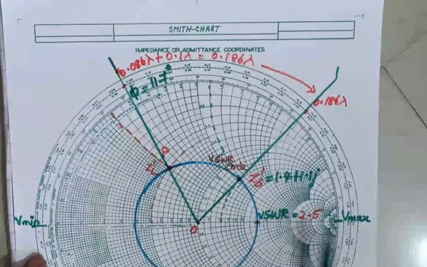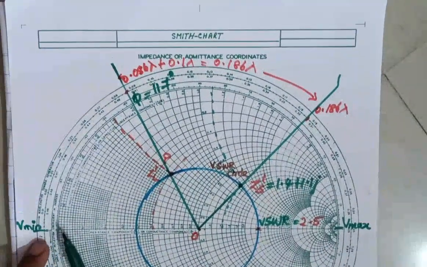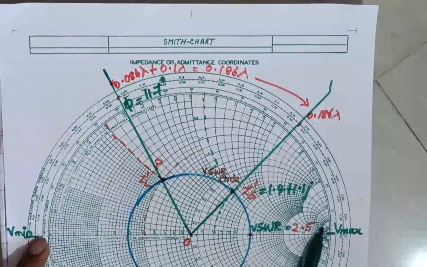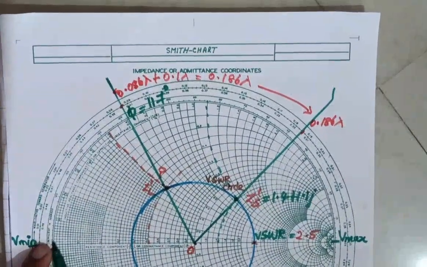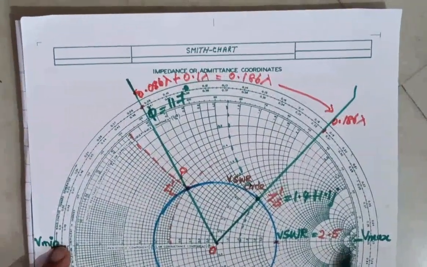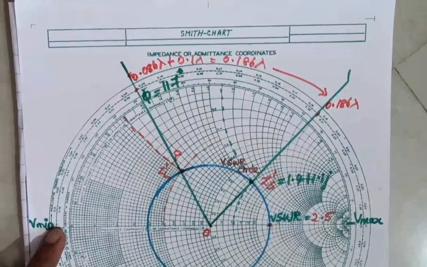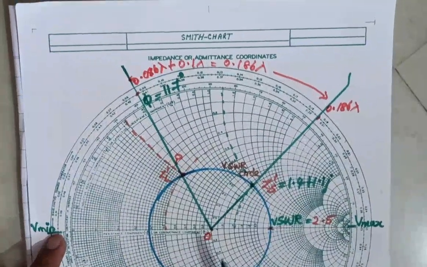In order to calculate the position of voltage maximum, first take the circles. The upper half semicircle has a value of 0.25 lambda. Similarly, the lower half semicircle is also 0.25 lambda. The whole circle gives 0.5 lambda.